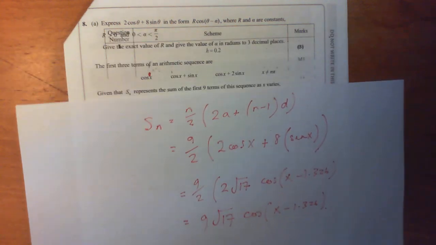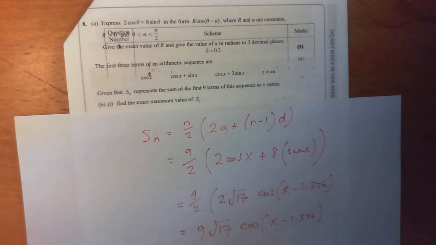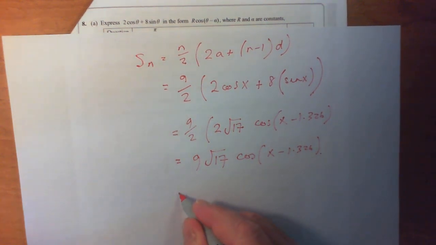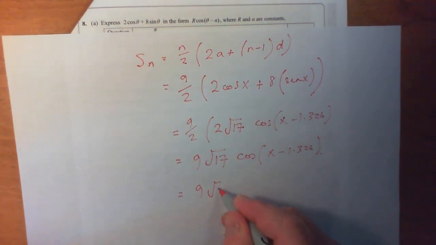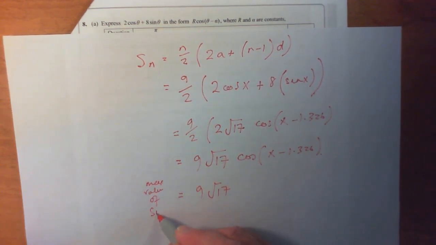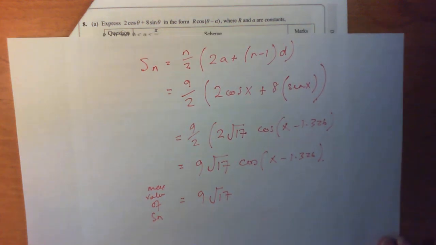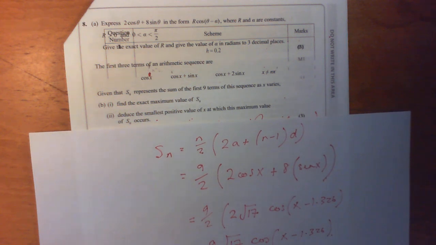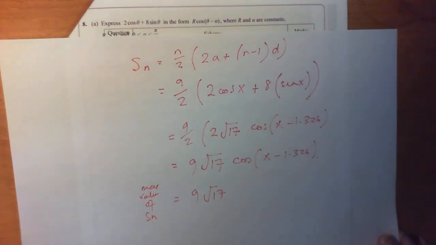I'm looking for the maximum value of S9. So I need the maximum value of this. And the maximum value of this is when cosine is 1. So the actual answer is 9 root 17. Maximum value is 9 root 17. And then it goes on to say, deduce the smallest positive value of x at which this maximum value occurs.